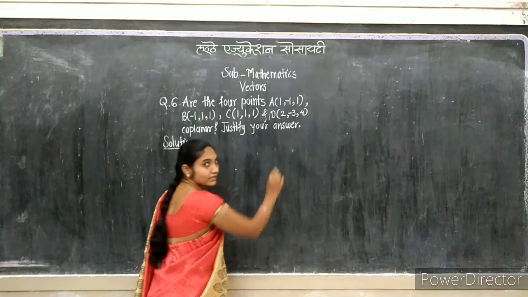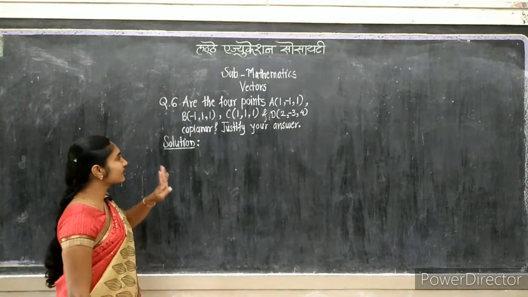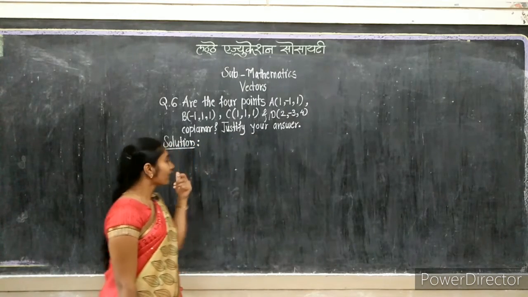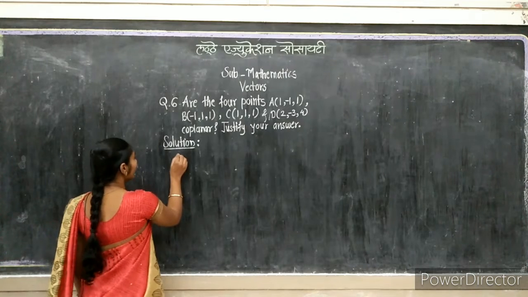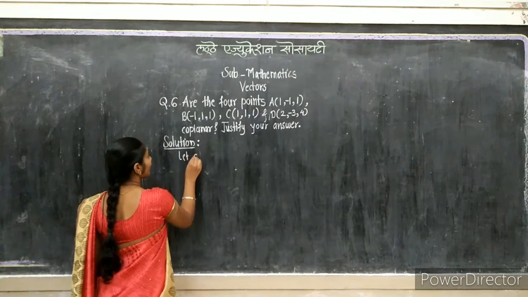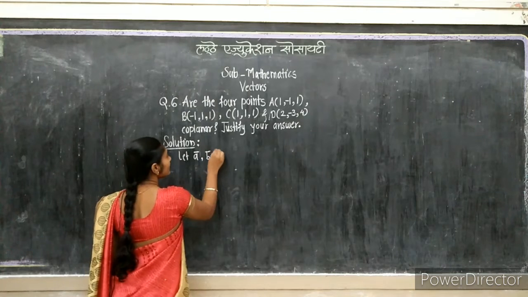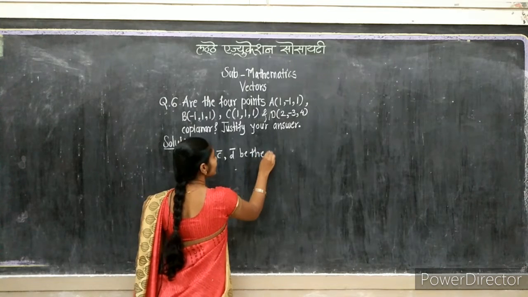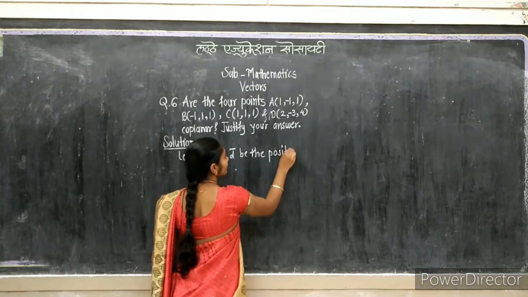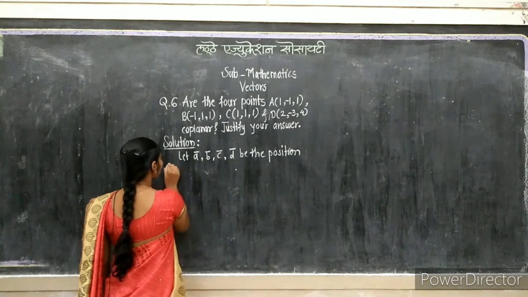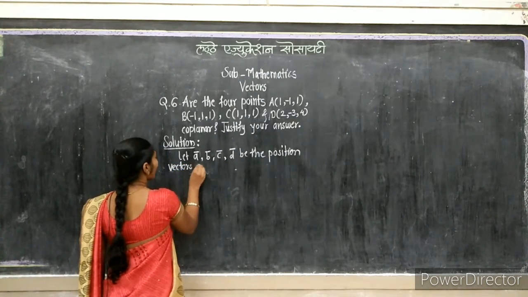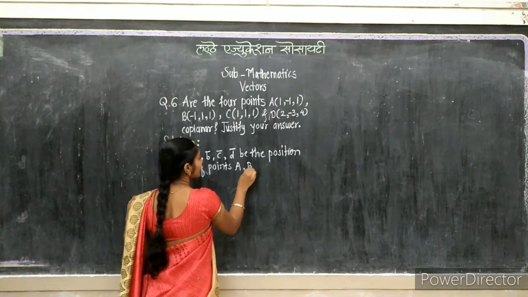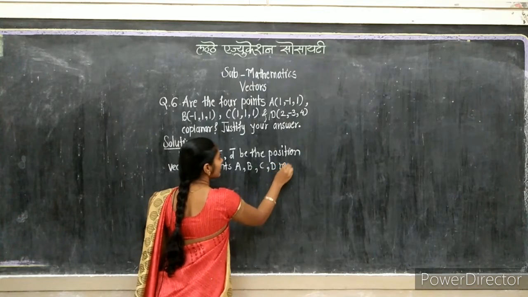Justify your answer. First, here we are given 4 points and we have to check whether these 4 points are coplanar, and give the justification. Solution. Let a bar, b bar, c bar and d bar be the position vectors of points A, B, C and D respectively.